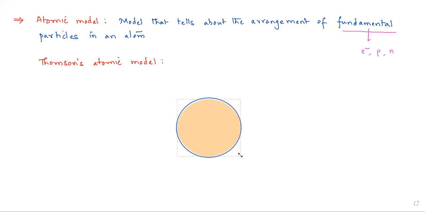So this way, the positive charge is thoroughly distributed throughout the atom. I mean, it is uniformly distributed. Let me say that this is the positive charge, nothing but the proton.